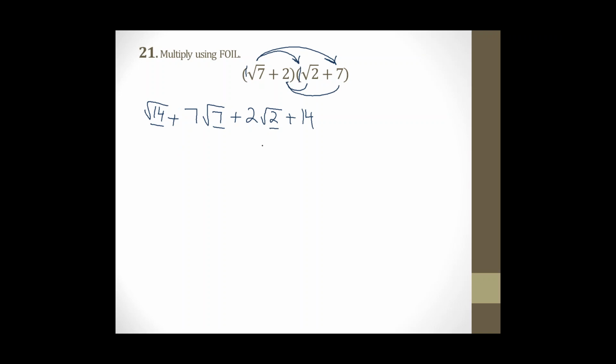I can check if individually I can simplify them, but there is no perfect square in the number 14. 7 is already prime, so I know there's no perfect square, and 2 is also a prime number, there's no perfect square. So I believe that this is our final answer, because none of these can be combined, they are not alike. And in the packet, this is answer choice A.